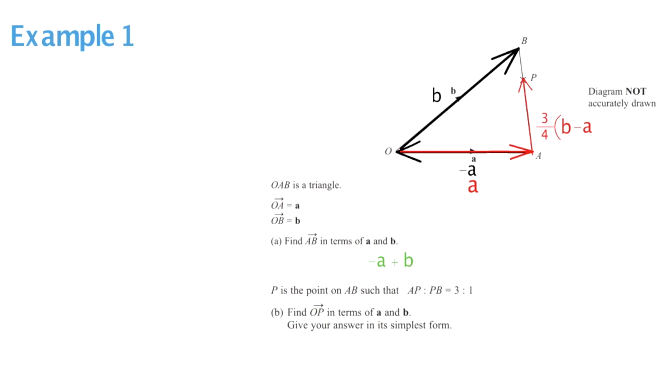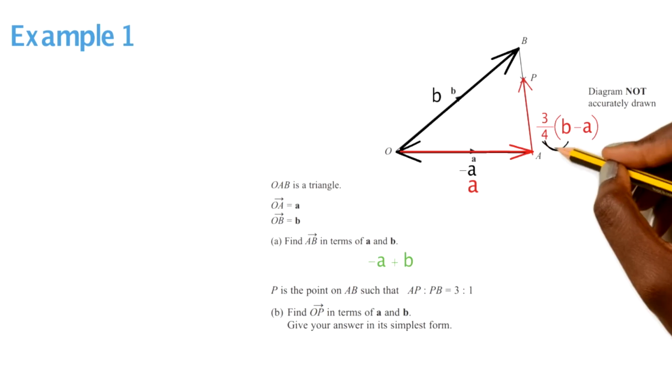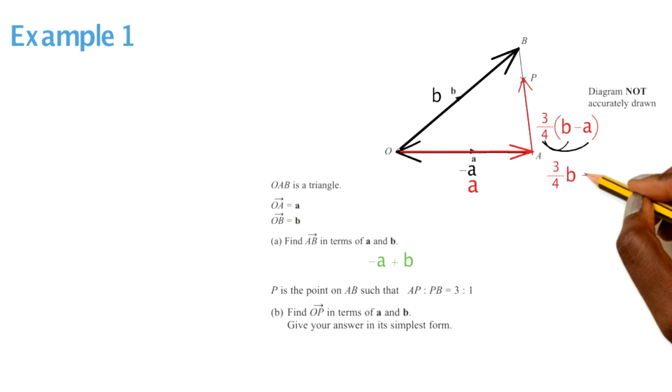So if we're going from A to P, it's going to be 3/4 of that. That's why you have to multiply 3/4 by the vector AB. By doing that, you should be left with 3/4 b minus 3/4 a. Again, to go from O to P, you can do it the other way around if it makes life easier for you.